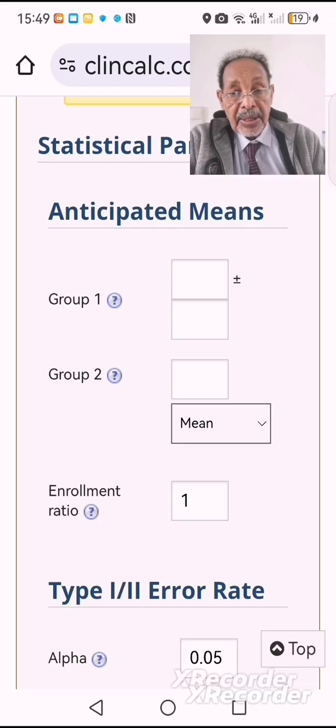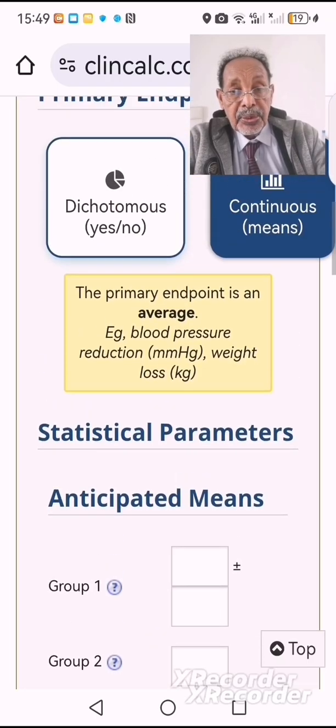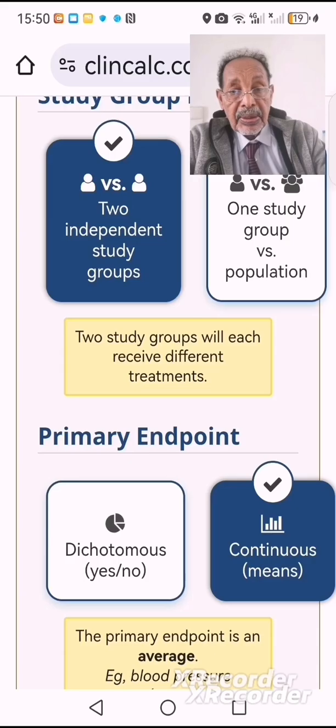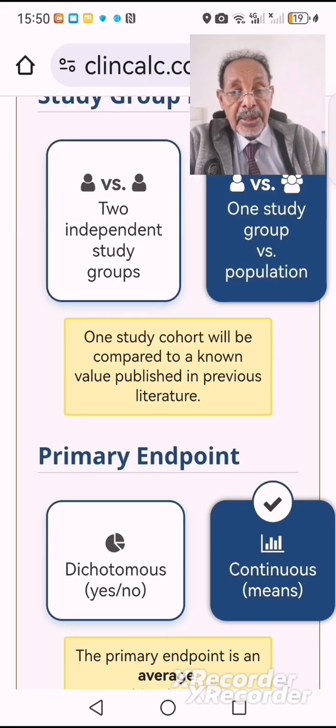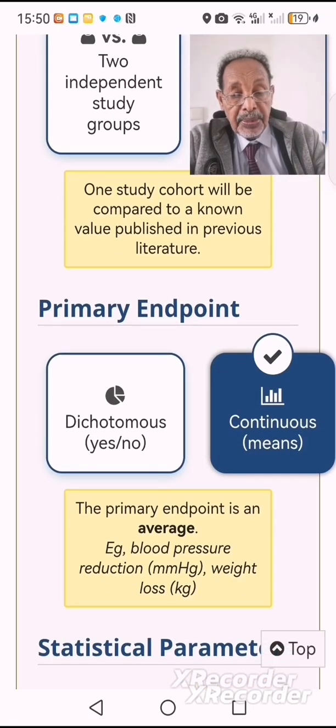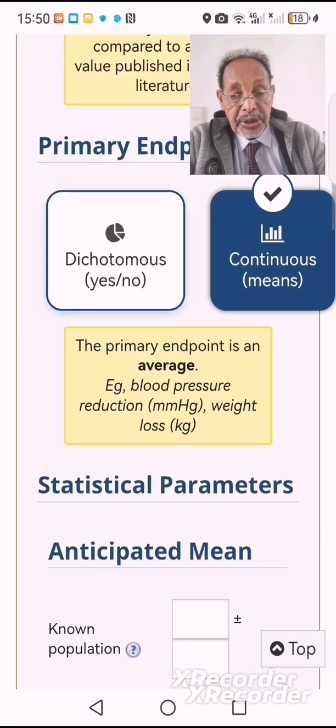And here, in this case, we are going to use just one study sample, one study group of registrars to compare their mean with the population mean.